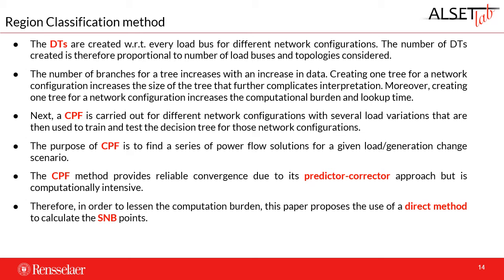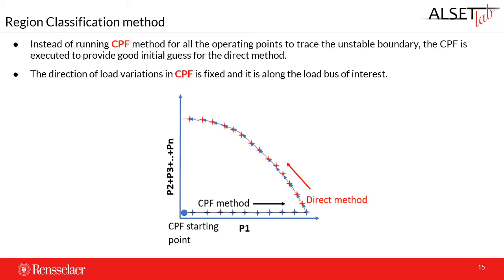So what we had to do is combine the CPF with a direct method, the SMB, so that we decrease the computational requirement. Instead of running the continuation power flow at all operating points to trace the unstable boundary, the CPF is executed just to obtain a good initial guess.